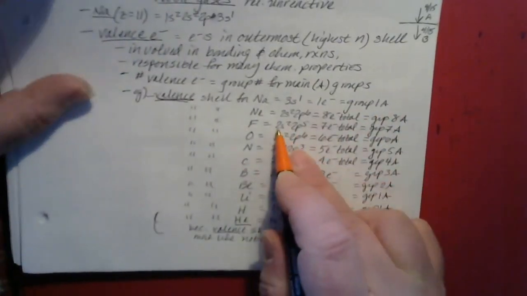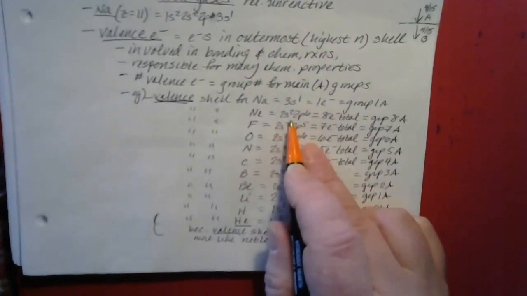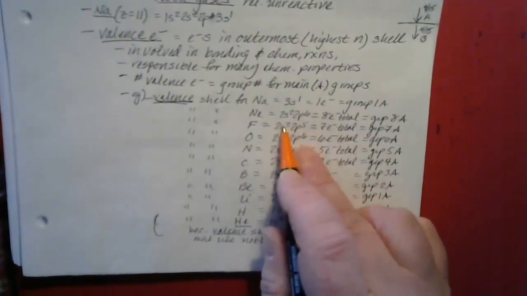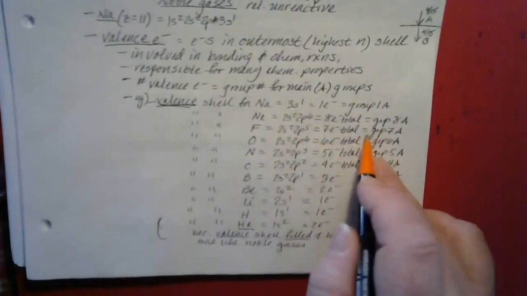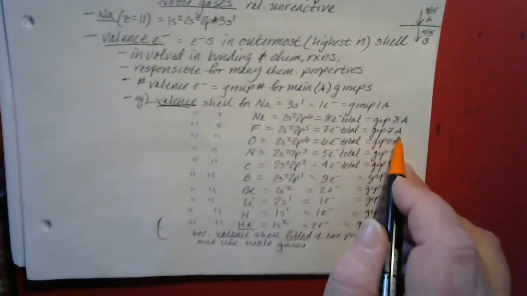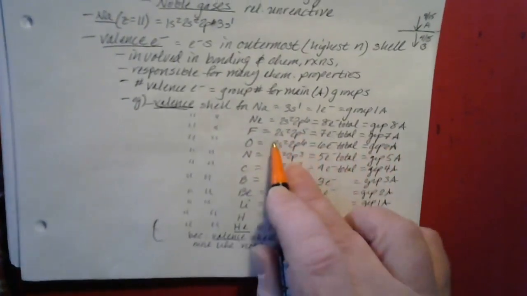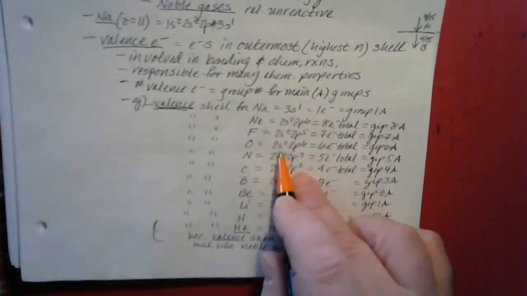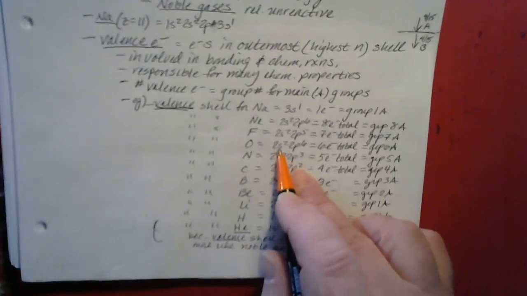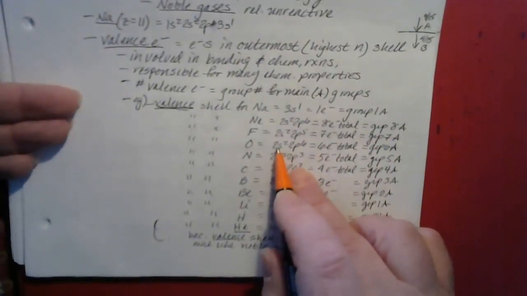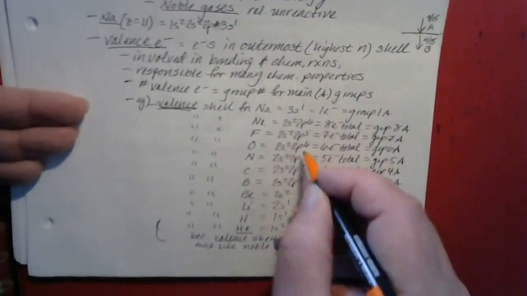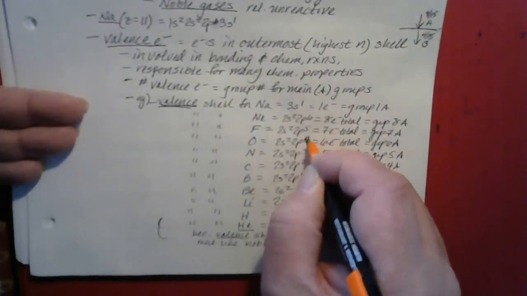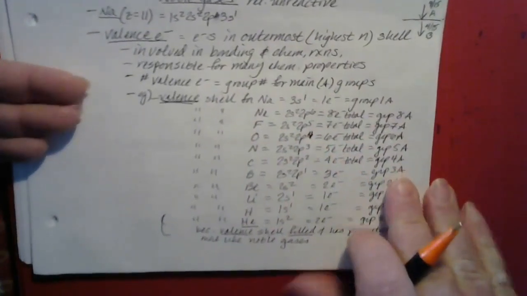Fluorine has a valence shell electron configuration of 2s2, 2p5. That's a total of 7 valence electrons, 5 plus 2, and so fluorine is in group 7A. Oxygen has, as we saw a couple of minutes ago, a valence electron configuration of 2s2, 2p4. Sorry.